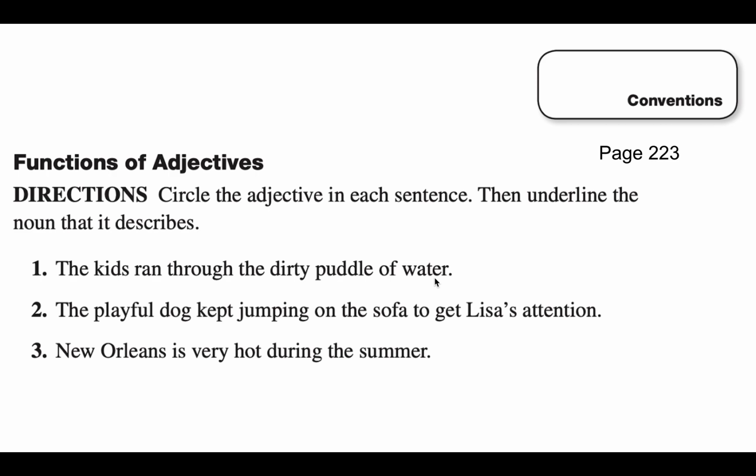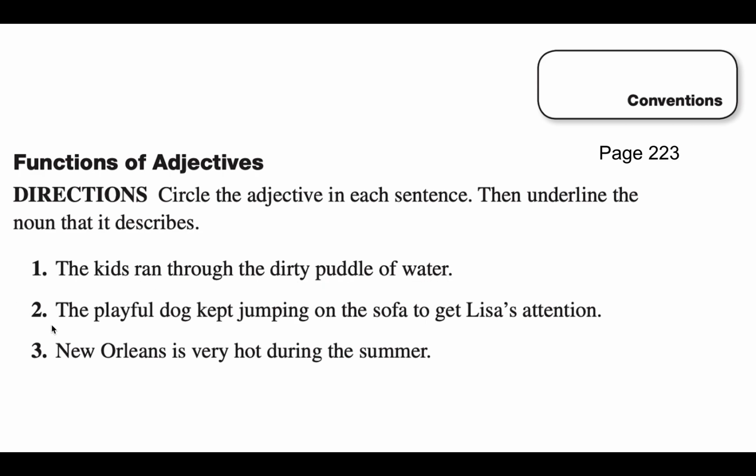Even though the subject is the kids, I'm going to look over here at puddle of water. Now, what word describes puddle of water? Dirty, okay? So I would circle dirty because it's the adjective, and then I would underline puddle of water.